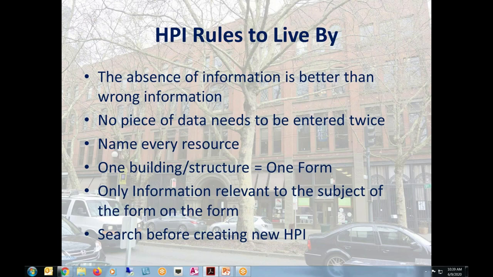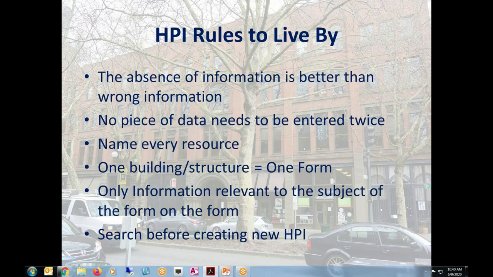No piece of data needs to be entered twice. So the name doesn't need to be entered twice. The address doesn't need to be entered twice. This commonly happens on the resource name and the common name. So the common name will always be different than the resource name. Speaking of naming, please name every resource.